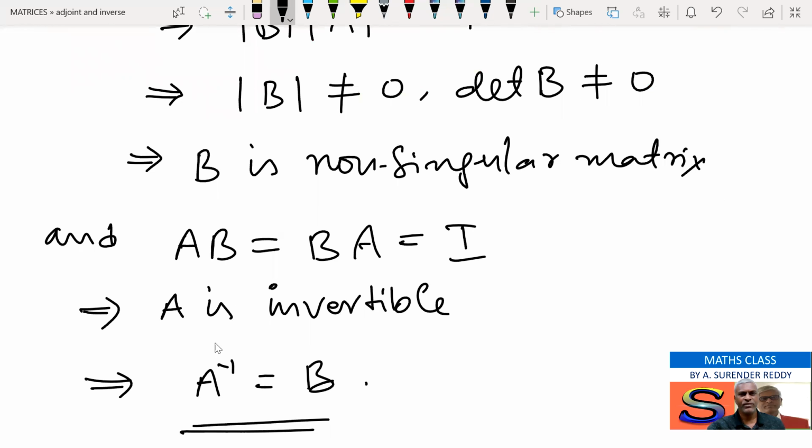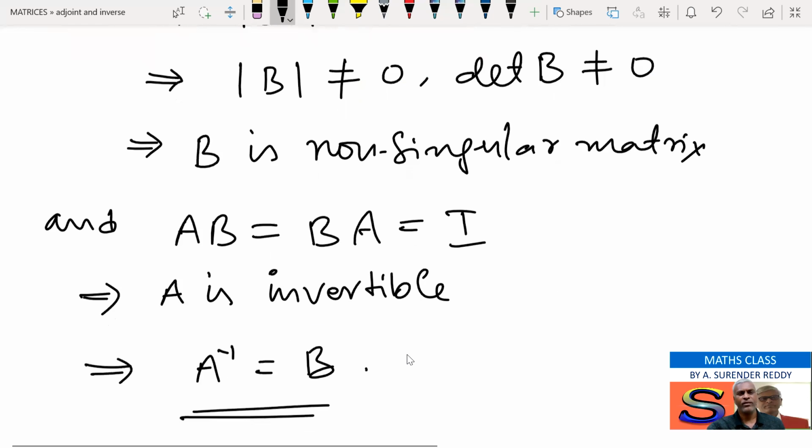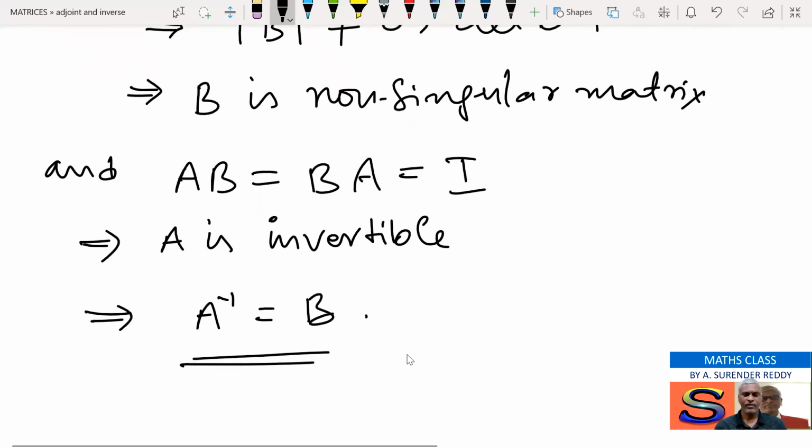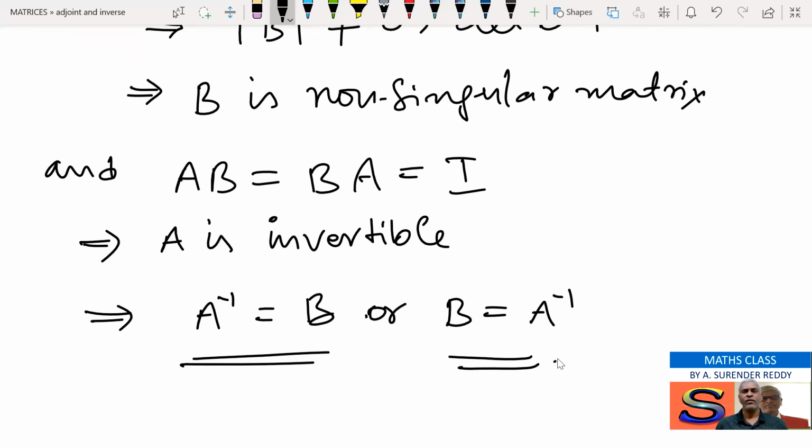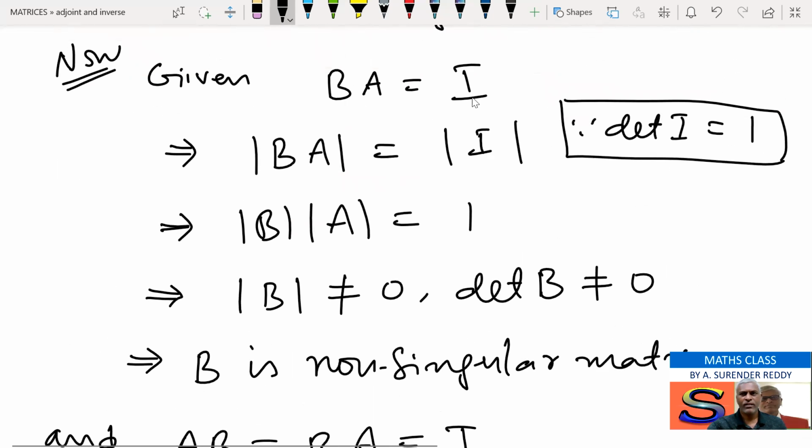This is the definition of invertible. And A inverse is equal to B, or we can write B is equal to A inverse. So with this, I conclude today's class.